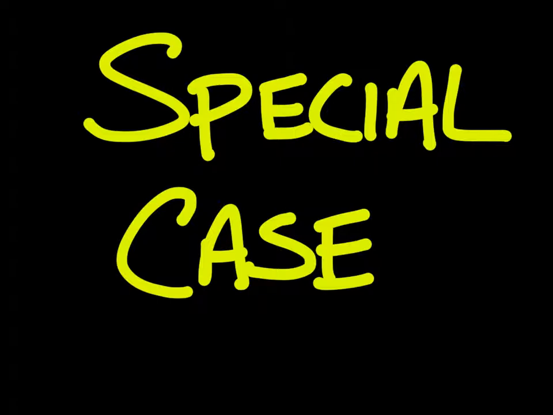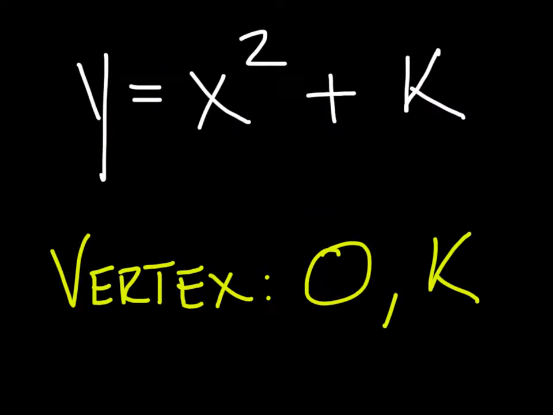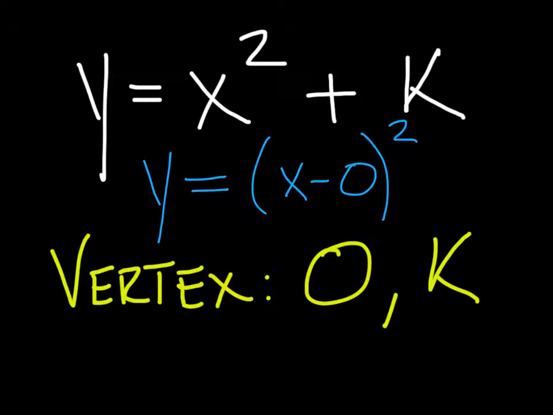Here's a special case. Y equals x squared plus k. Remember the very first graph that we did? It was y equals x squared. And we rewrote that so that we could make it look like this. Y equals quantity squared of x minus 0, and then whatever the outside value was.